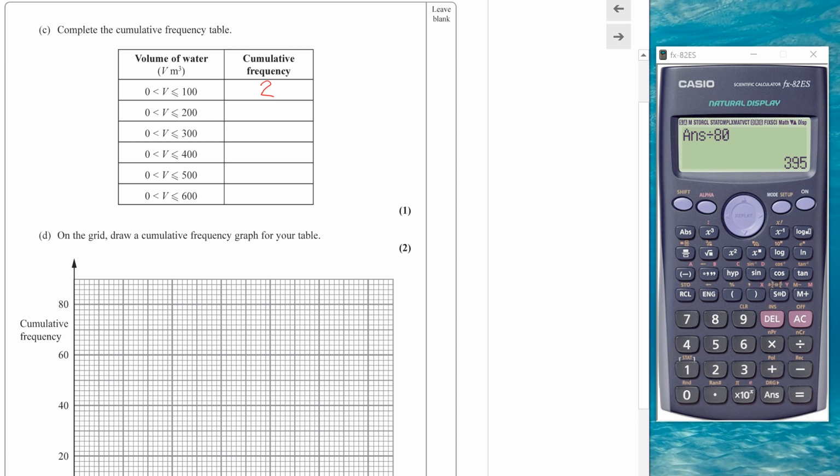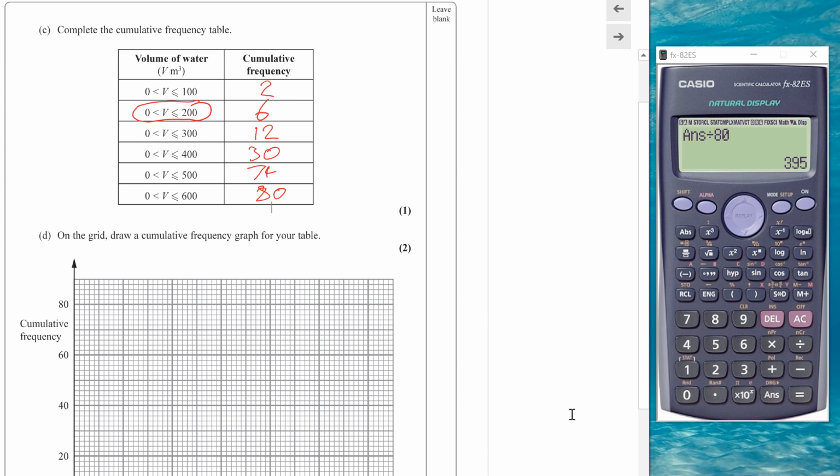This means, in terms of cumulative frequency, that what we've got is 2 plus 4, 6. There are 6 who are between 0 and 200. So we keep on adding these values up, and we're going to go 2, 6, 12, 30, 74, and 80. And of course, that final number should be the total number of families that we actually have. It's always good to check that.